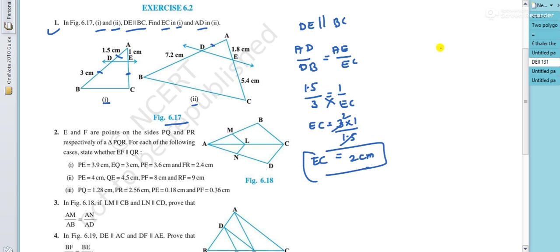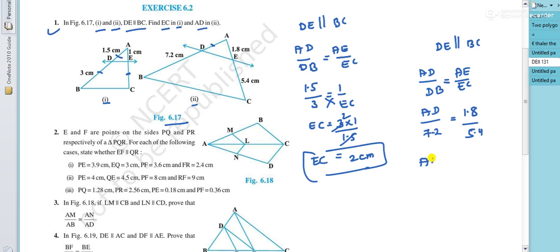Now similarly, in the second figure, again DE is parallel to what? BC. So once again, as per BPT, AD by DB will be equal to AE by EC. Now substitute the values. AD is unknown, but we know DB is 7.2, AE is 1.8, and this is 5.4.